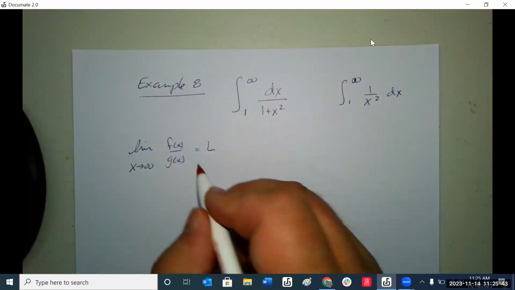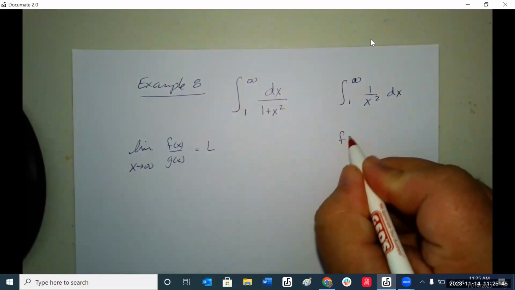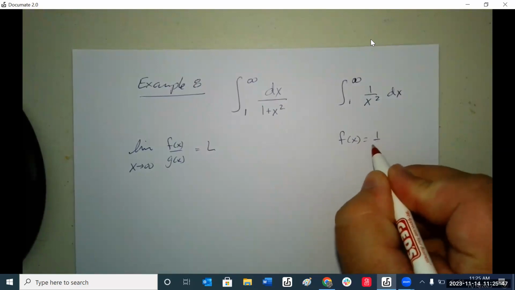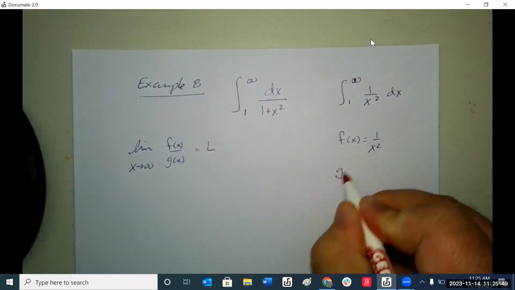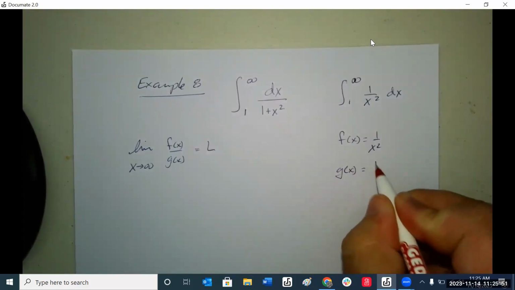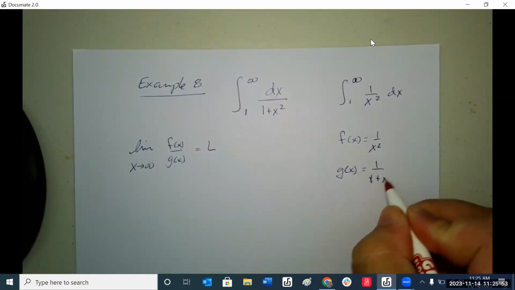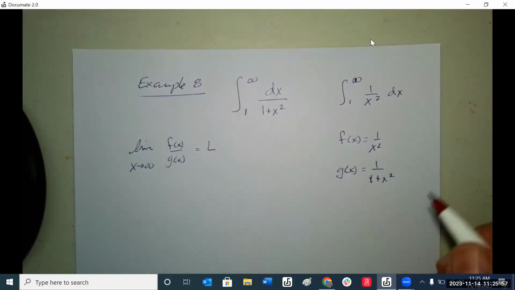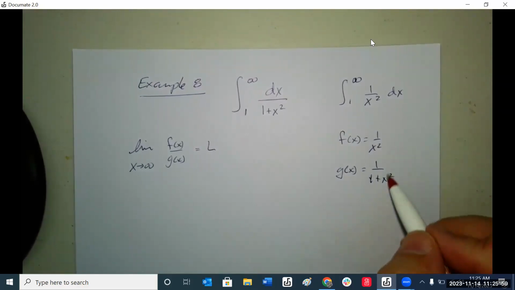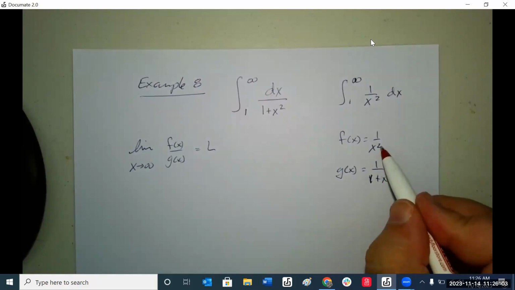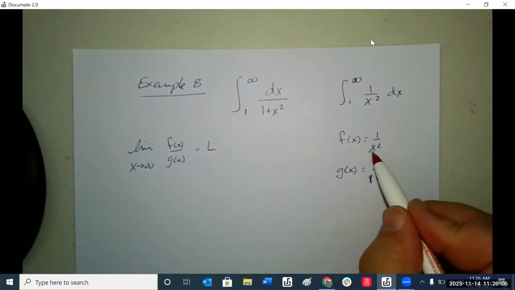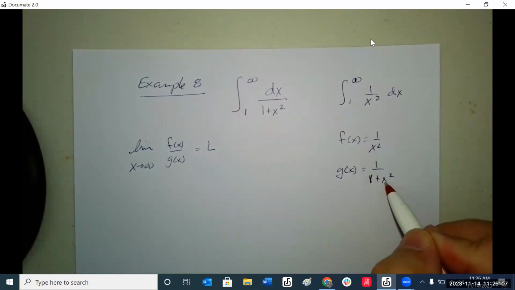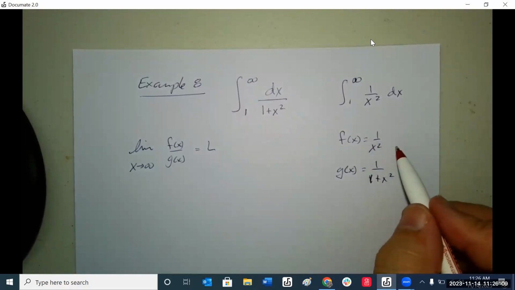So we have to have an f of x and g of x, the smaller one. They cannot be negative because x squared, even if negative, will always be positive.